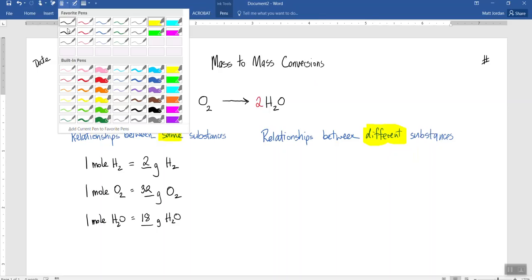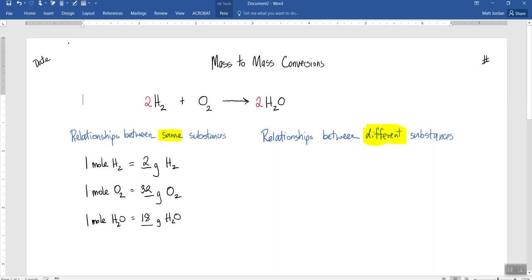And this is where we use the mole to mole ratio. I can make the relationship between moles of H2 and moles of O2. There is a relationship there, and you get that from the balanced chemical equation. So 2 moles of H2 corresponds to 1 mole of O2. So 2 moles of H2 will react with 1 mole of O2.